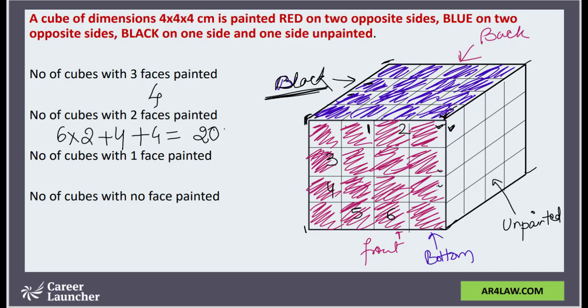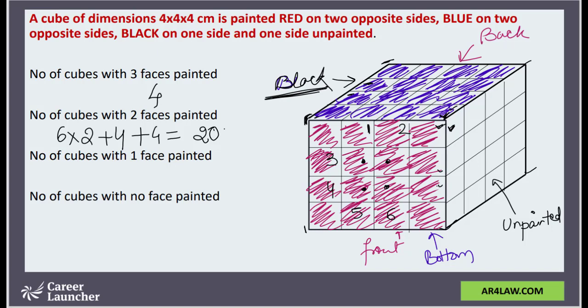Number of cubes with one face painted. So here we have those cubes: 1, 2, 3, 4. On any face which is painted, we can find 4 such cubes which have one face painted. Now in this bigger cube, we know there are 5 faces which are being painted.